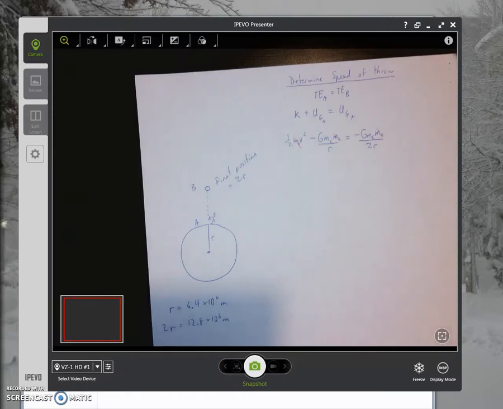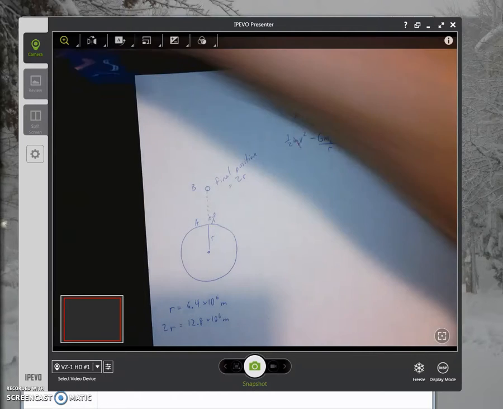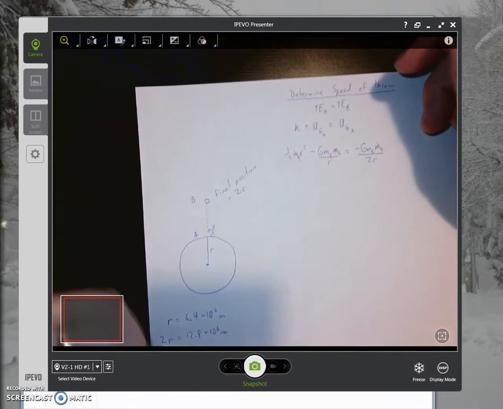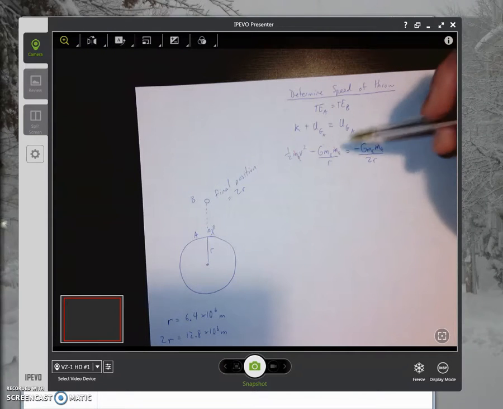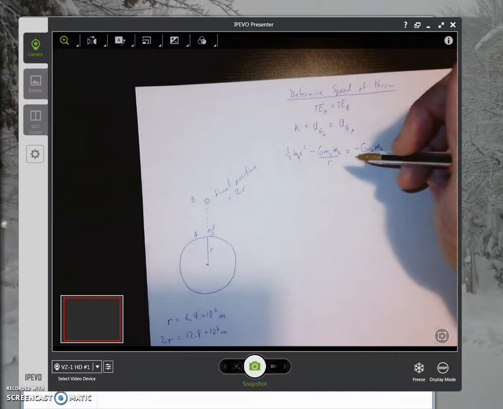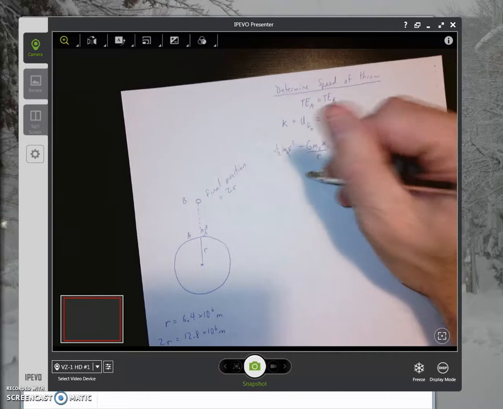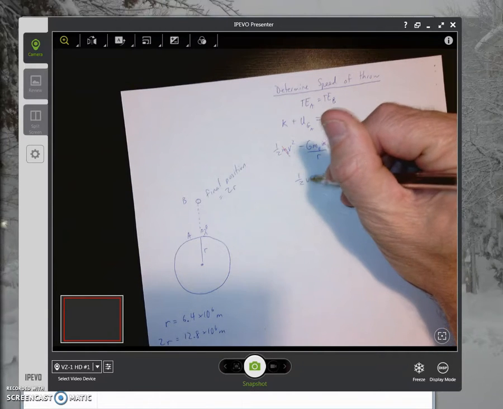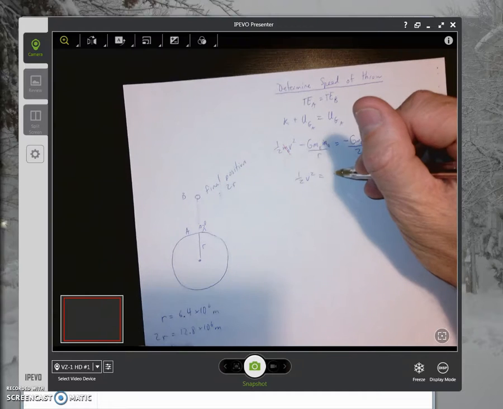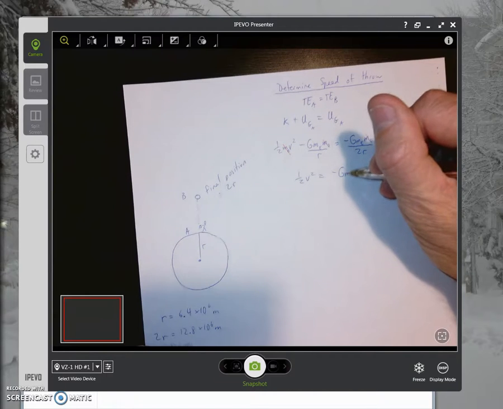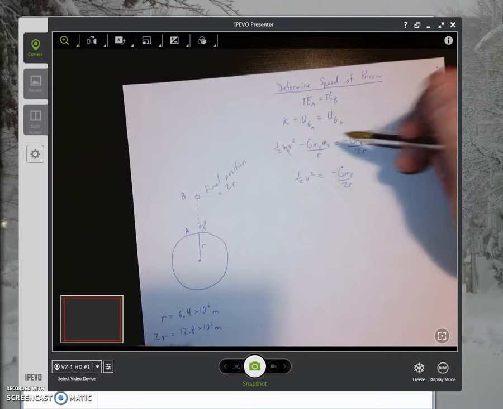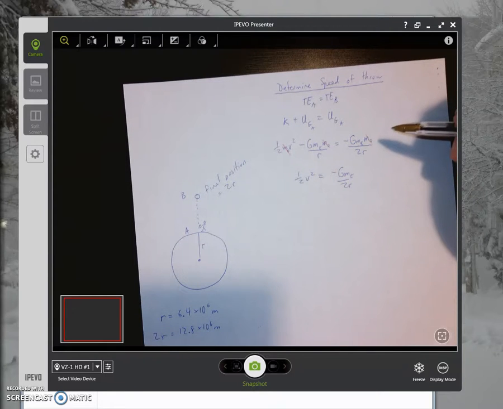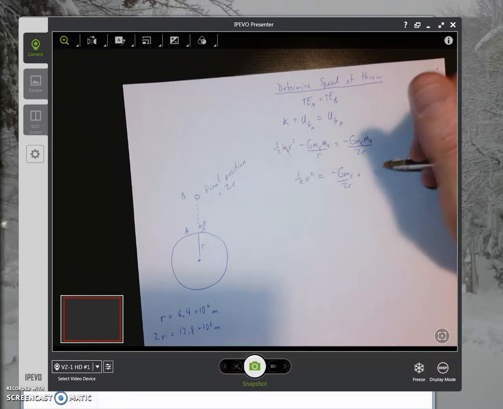Now I could just plug numbers into this and solve it, but let's just try to simplify things a little bit. I'm trying to solve for the velocity, so I'm going to isolate that and add this term to the other side. Now I have 1/2 v squared equals minus G mass of Earth over 2r, and I'm adding this negative here, so that will be plus.